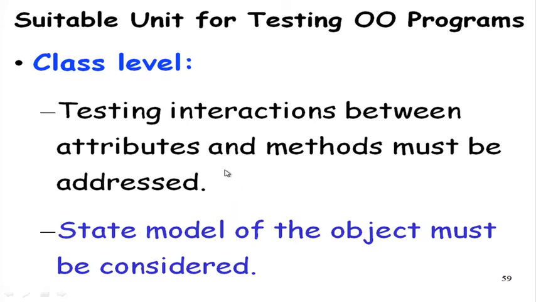One thing is that we have these class attributes which are shared between various methods. We are not testing those just by testing the methods, and also the classes typically have state models. Since they store data, every class stores data, the classes show significant state models.